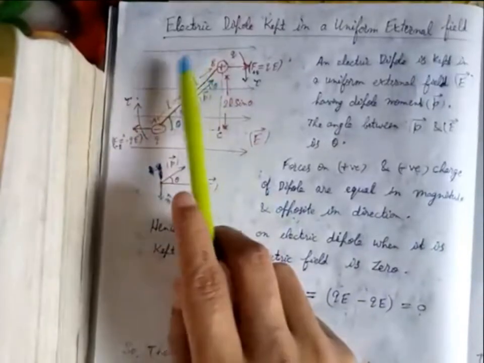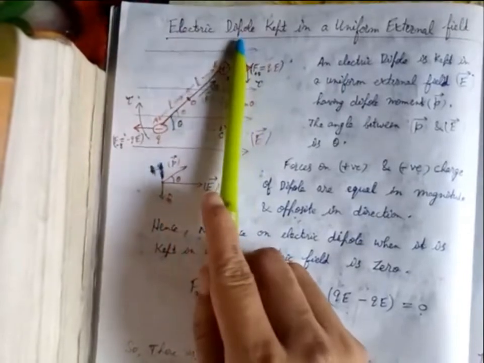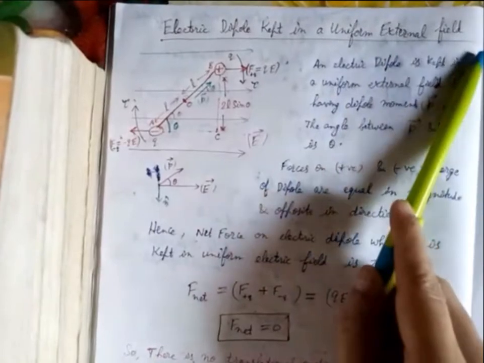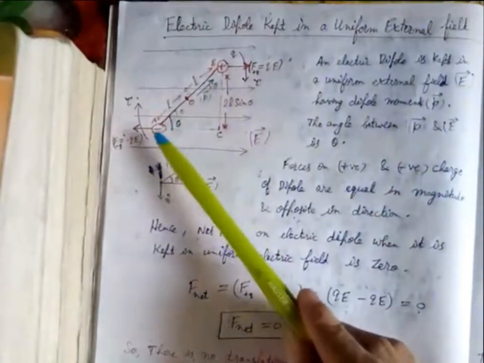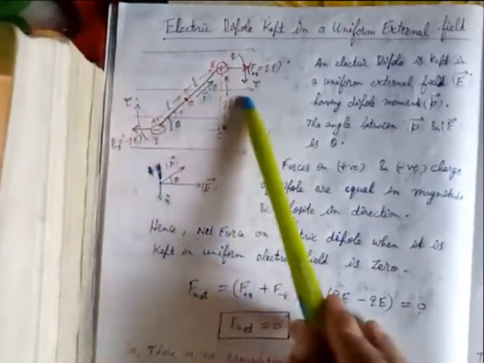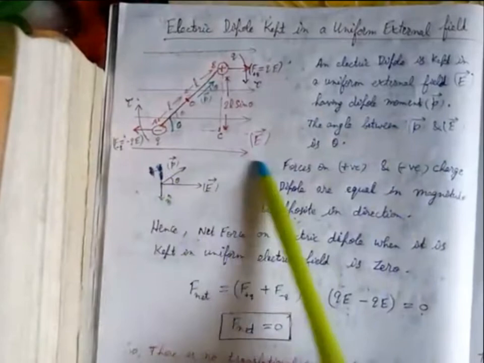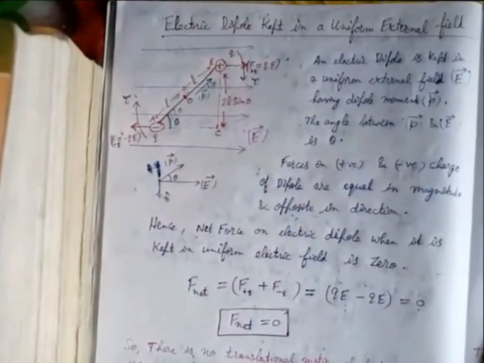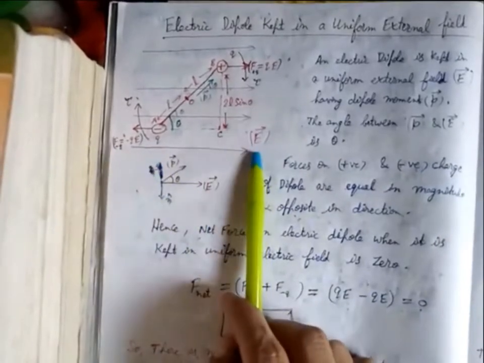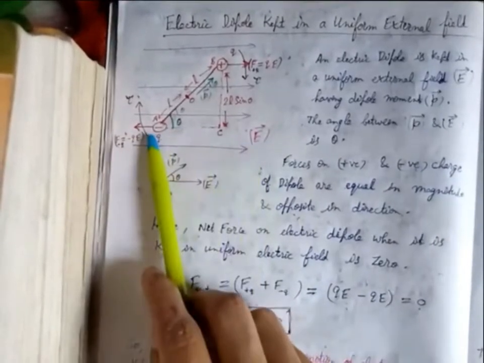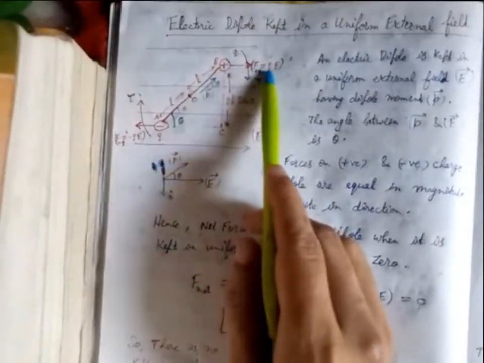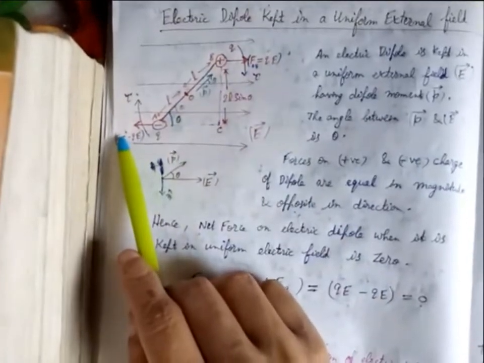Now we are starting the next topic, that is an electric dipole kept in a uniform external electric field. It means our dipole is put in the external electric field which is along this direction. When the dipole is kept in a uniform electric field, it will experience a force on the positive charge as well as the negative charge.